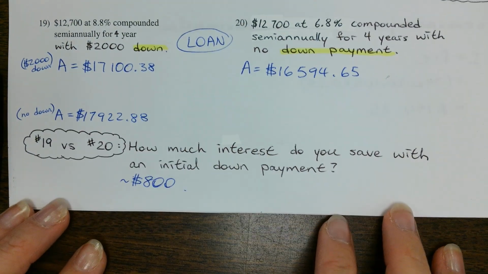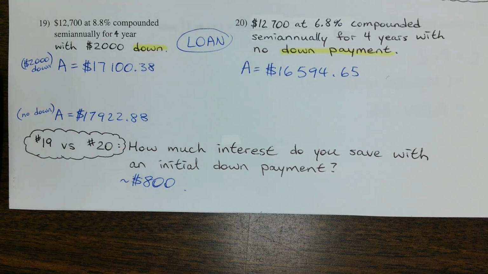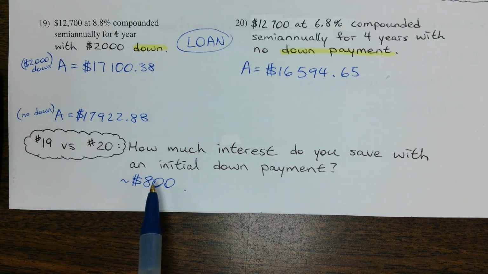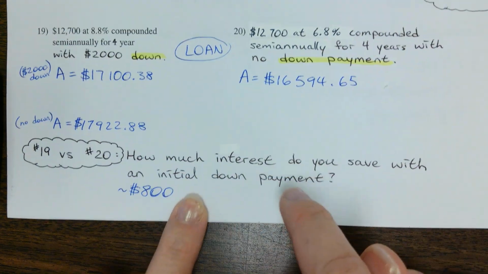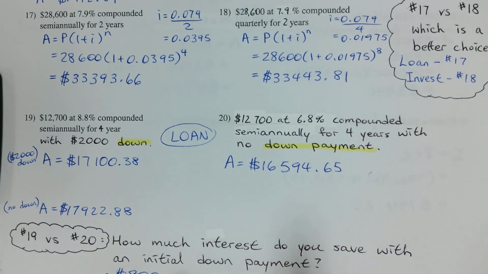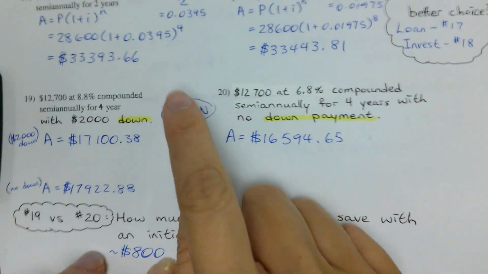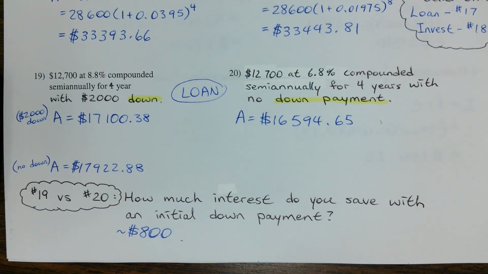Okay. And so would you put down a down payment then if you save 800? Yeah. All right, because you're only putting down a $2,000 down payment and you save yourself $800. So the ratio is pretty good. Okay. So the last few questions, I really wanted you guys to pay attention to the compounding period, what difference it makes, down payment, what difference it makes, and the interest rate, what difference it makes.